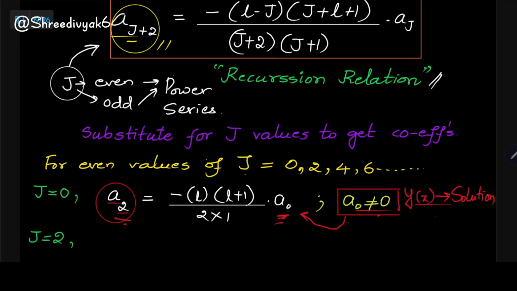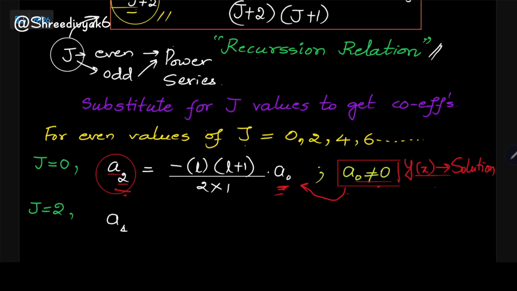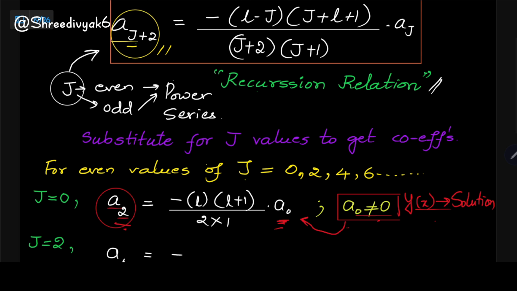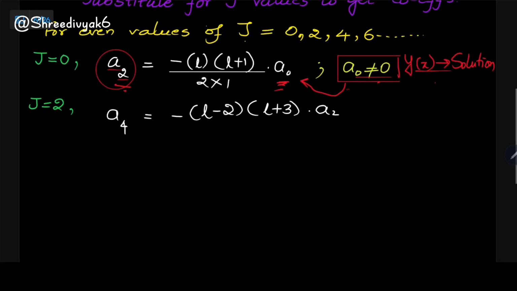My recursion relation will give a4, so a4 is equal to minus (L minus 2) into (L plus 3) into a2, the whole divided by 4 into 3.